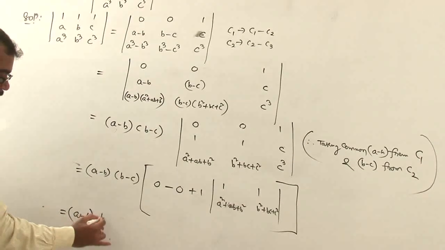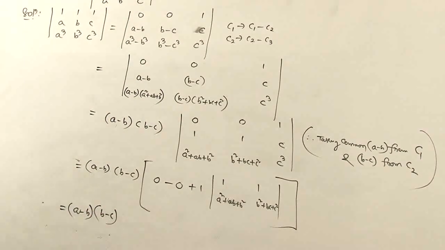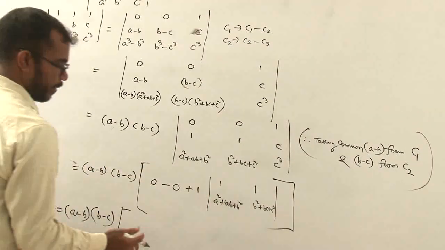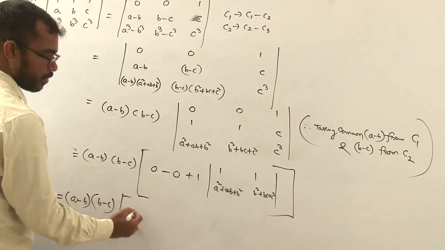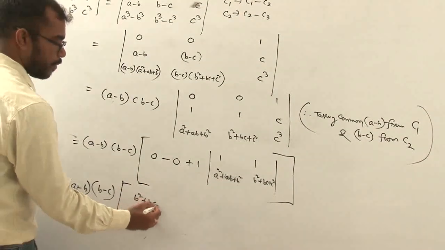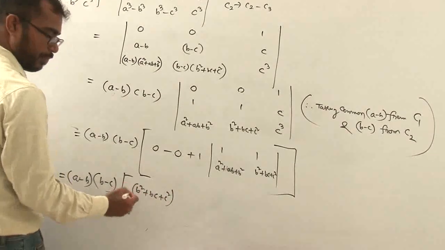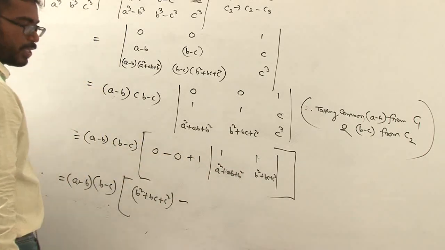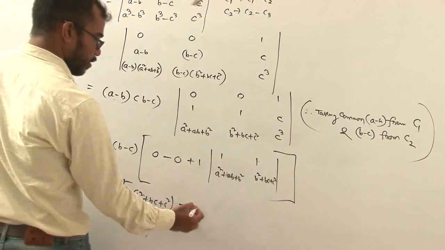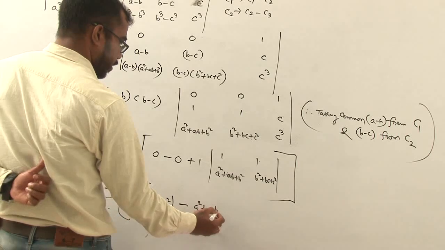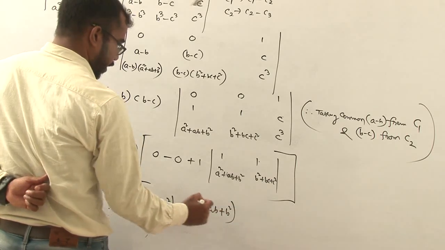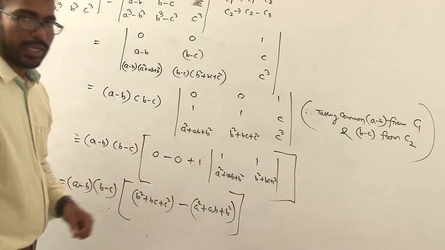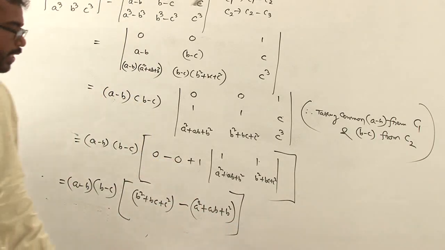First we write A minus B into B minus C. Expanding, we get B squared plus BC plus C squared into 1, minus A squared plus AB plus B squared into 1. It must be written in bracket form because of the previous negative sign.